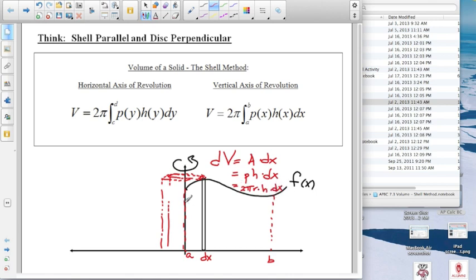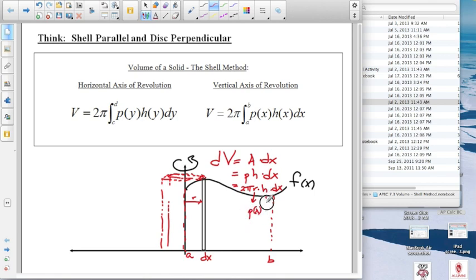Then that radius is going to extend from here to here. And so that radius then becomes just the variable x, and the height of the cylinder would be the height of this rectangle, which is the value of the function. So this radius is just x, and that we give the variable p of x.